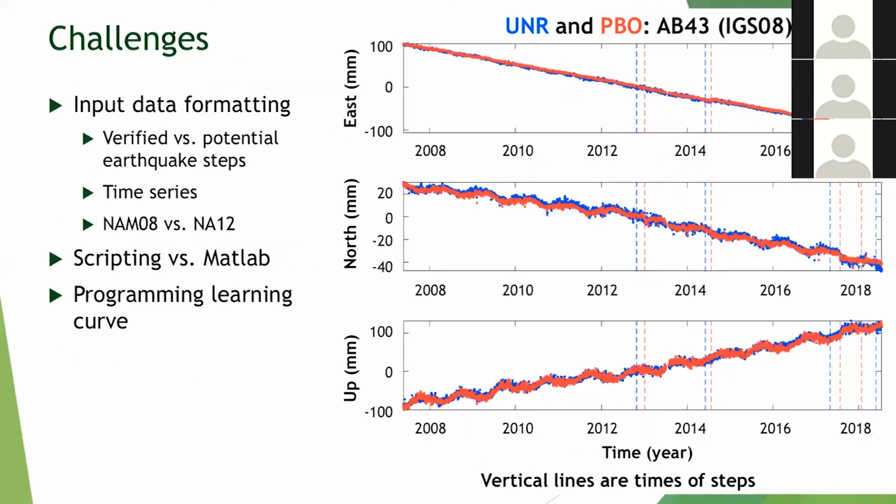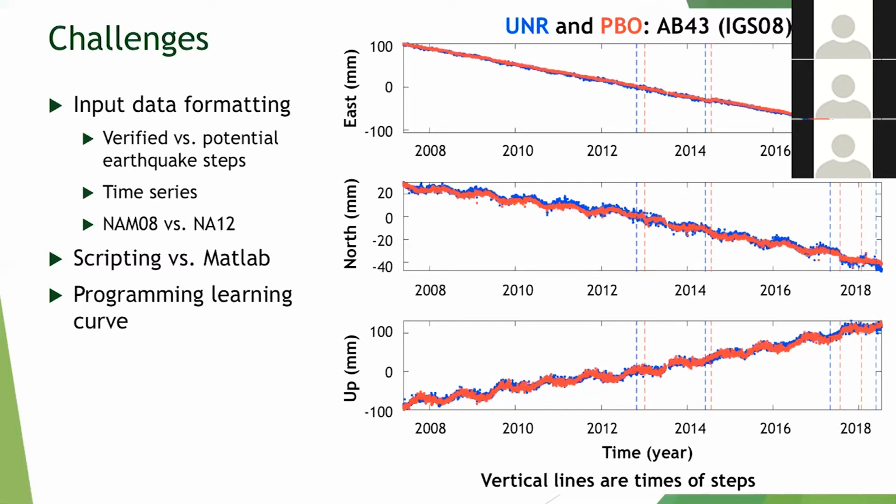So like I already mentioned, there were some challenges incorporating UNR data and UNAVCO data, which I abbreviate here as PBO, which is the Plate Boundary Observatory, the network that UNAVCO so wonderfully runs. The data itself, the time series, there are differences in how it's processed, so that shouldn't necessarily affect where the offsets are, but it might affect the magnitude.